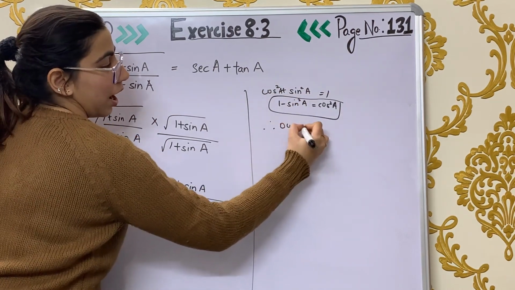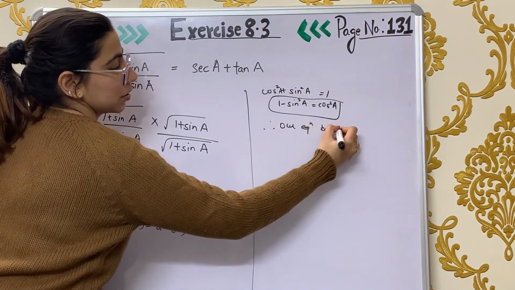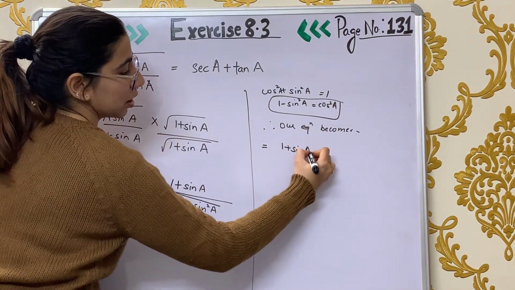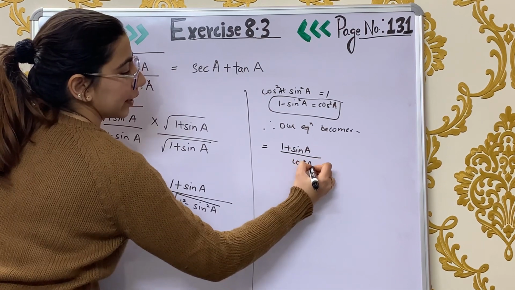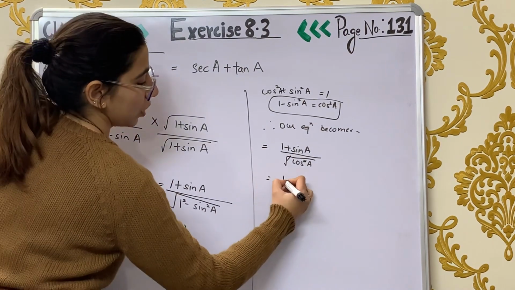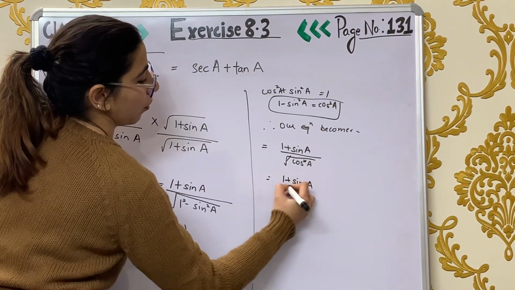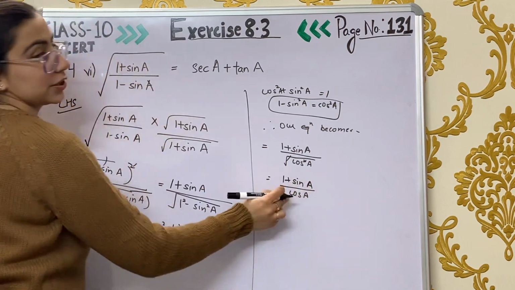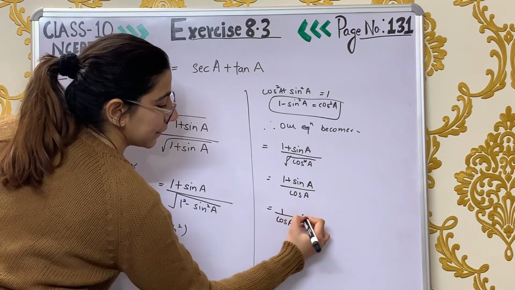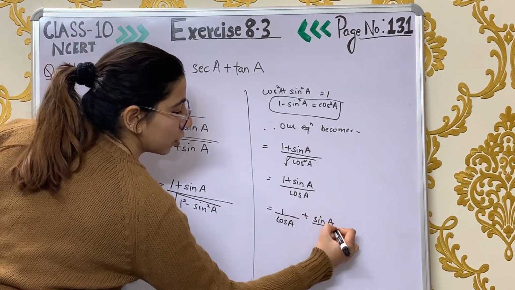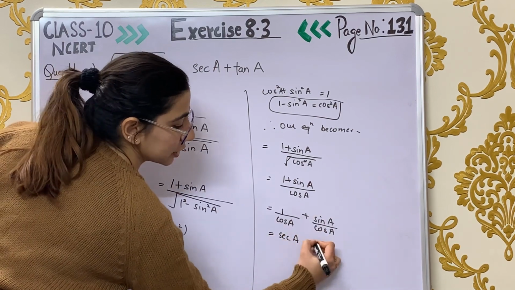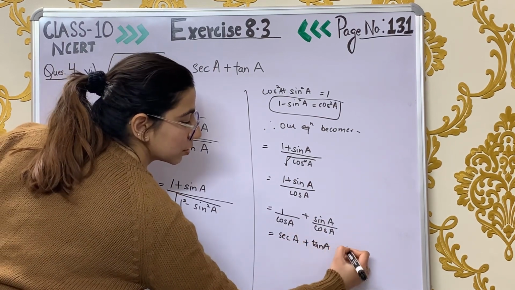Therefore, our equation becomes 1 plus sine A upon cos square A under root. Similarly, again the under root and square get cancelled, so the answer becomes 1 plus sine A upon cos A. Let's separate the numerator and denominator. So it's going to be 1 by cos A plus sine A by cos A. So 1 by cos A is nothing but secant A, and sine A by cos A is nothing but tan A, which is equals to RHS.